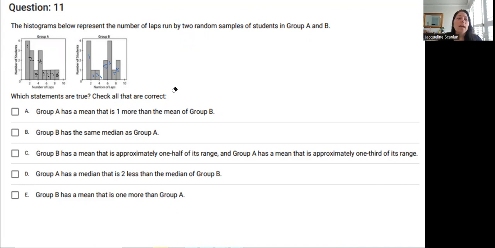Choice A, group A has a mean that is 1 more than the mean of group B. Remember, the mean is the average. And to find the average, I first add all my data points together.